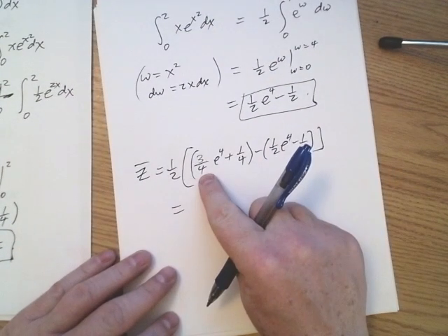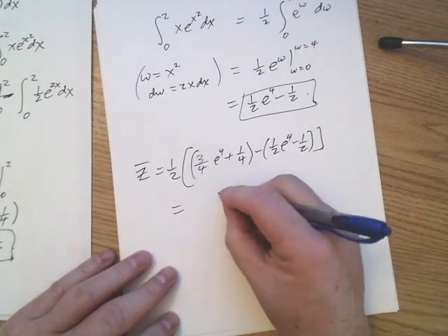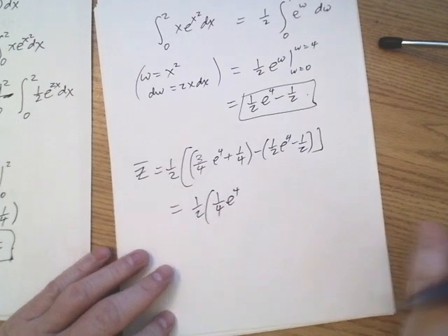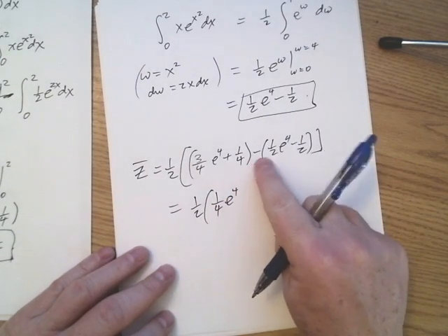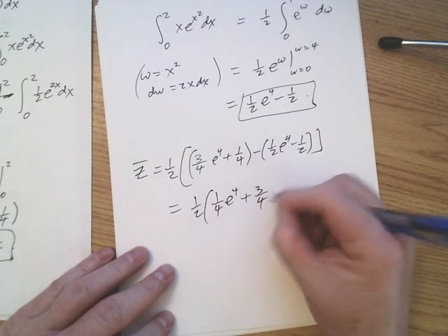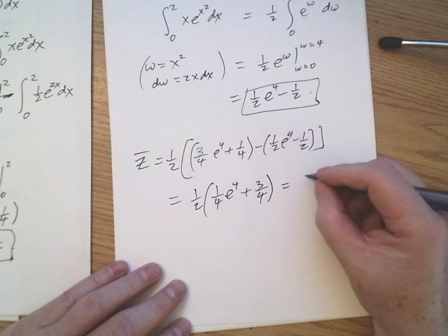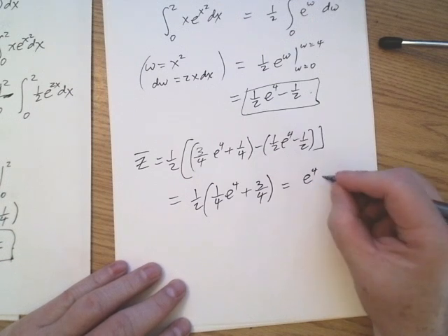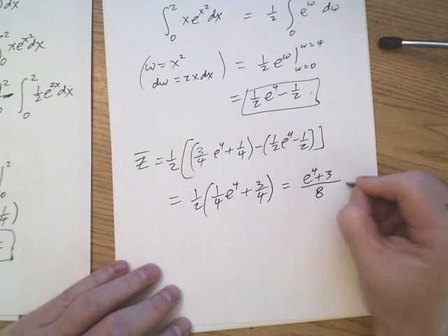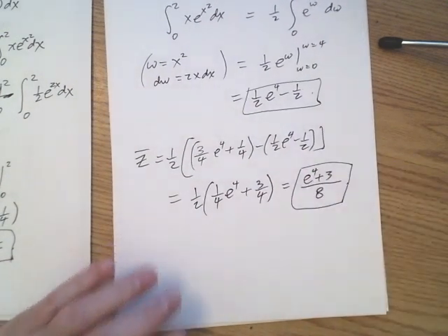So I've got 3/4 minus a half. I think that's 1/4. So I've got 1/4 e to the 4th. Taking half of this, 1/4 minus negative a half is plus 3/4. Okay. And I'm going to be taking half of that. So it looks like I have e to the 4th plus 3 all over 8 for my z bar. And there's my final answer.